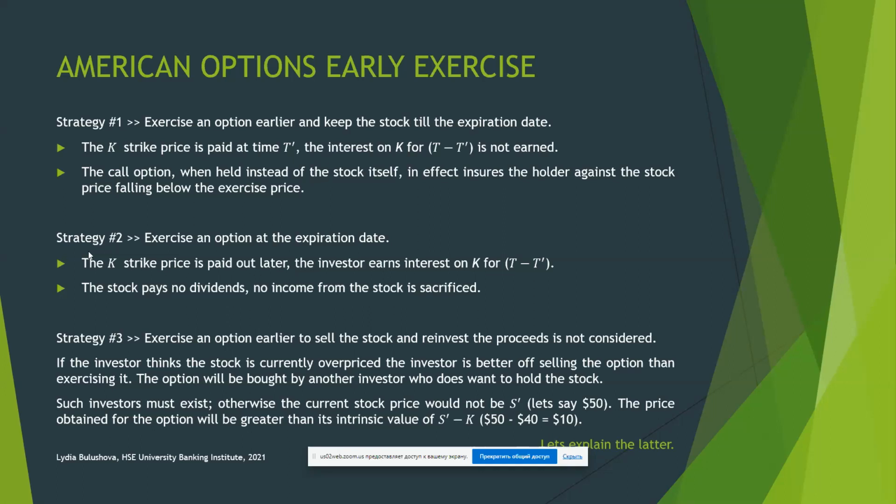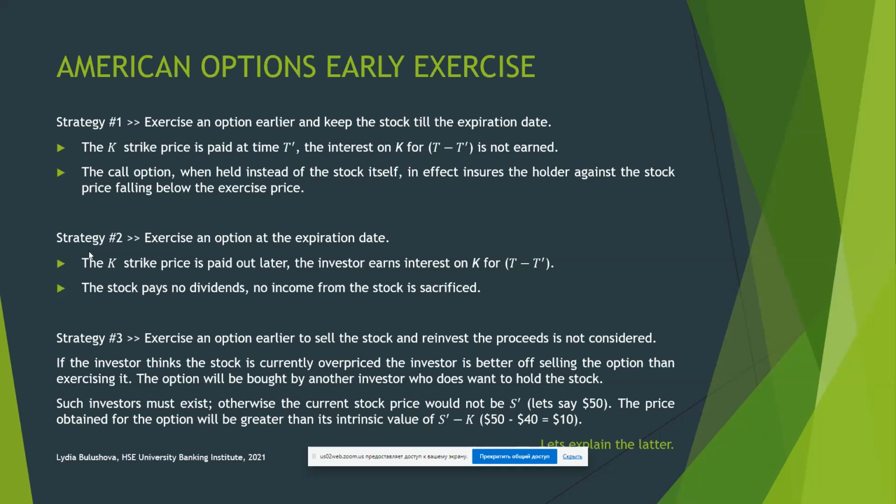So if the investor thinks that the stock is overpriced, probably it would be better to exercise the option, right? So I believe that the stock is overpriced. I think that I can exercise the option and I'll get some more money for the stock.